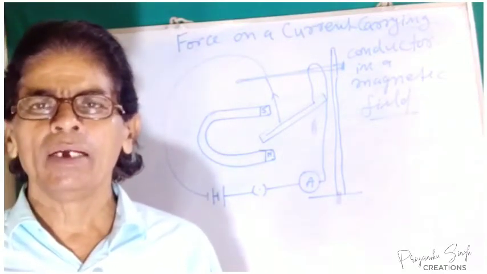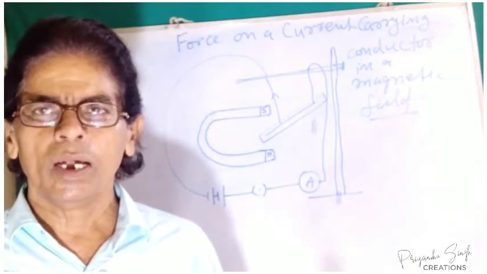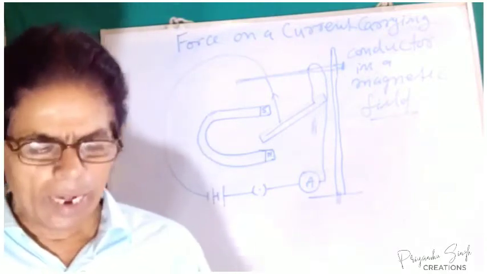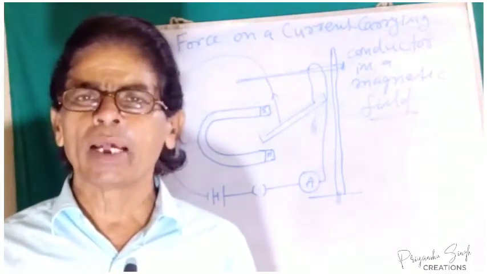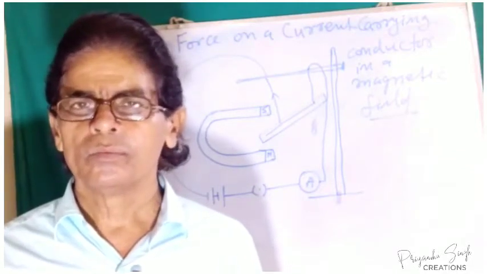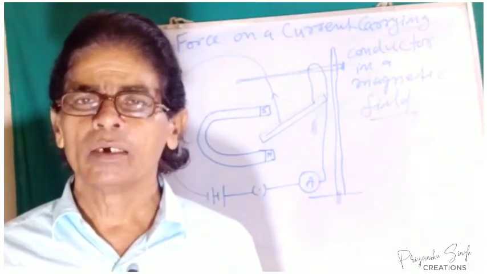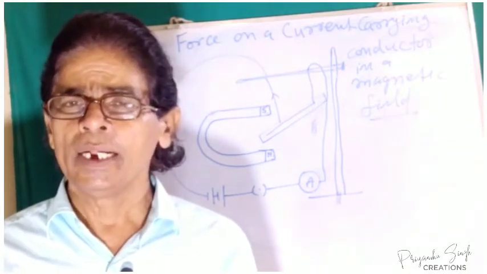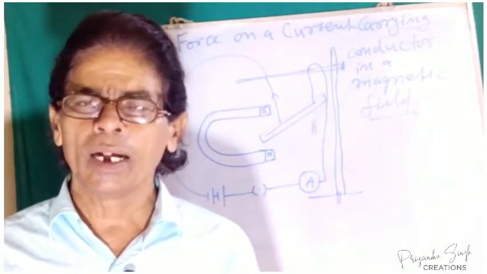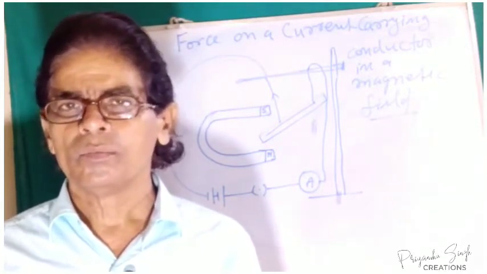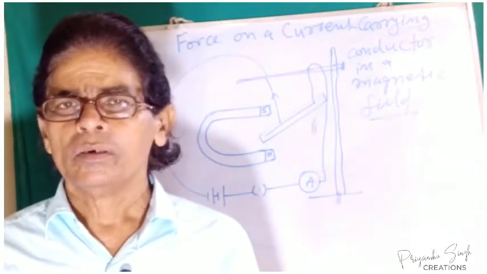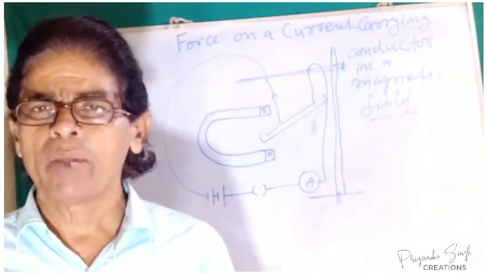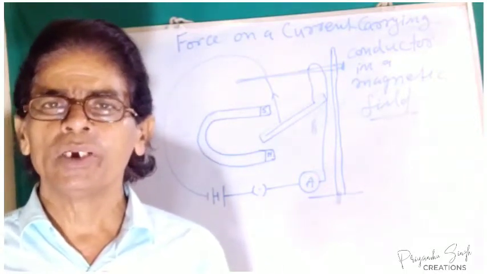If another magnet is brought near this current carrying conductor, the magnetic field created by the conductor must interact with the magnetic field of the other magnet brought near the conductor.